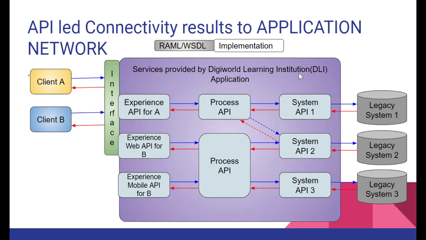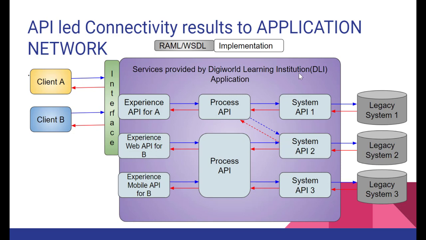Rather than writing new logic for interacting with that particular system, if we just reuse the existing system API, then the effort would be saved as well as the cost would be reduced, right? That is the actual purpose of API-led connectivity as well as the application network.